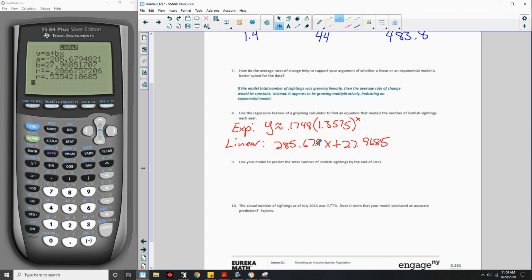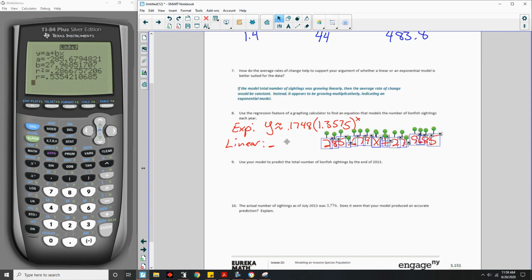Okay, but that was a really bad fit. Oh, that's negative, by the way. Okay, I need to fix that. I didn't even put an equal sign or anything. Move this over here. Move that to there. And y is approximately negative 285.679x plus 27.9685.